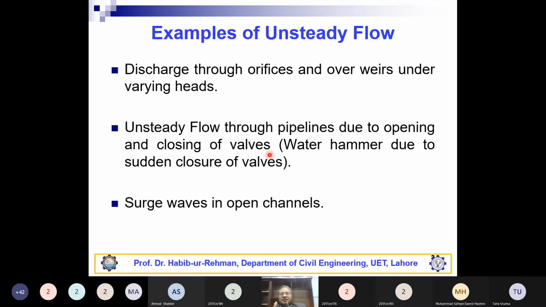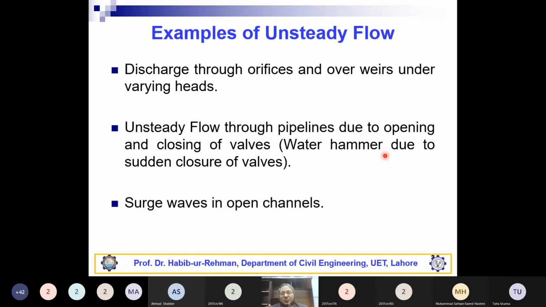Can you see these? They move like that. So now this is the passage of flow. Once they come, they move in this direction, so the openings are closed and they act as a valve. Do you know that if these valves are suddenly closed, what will happen in the pipeline?